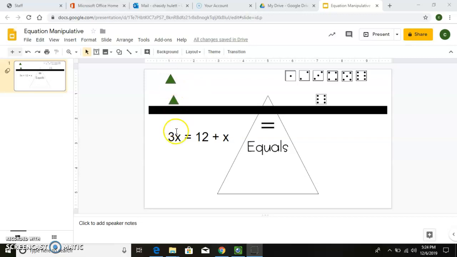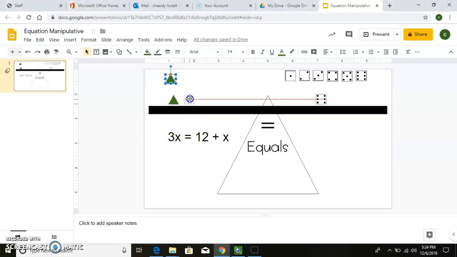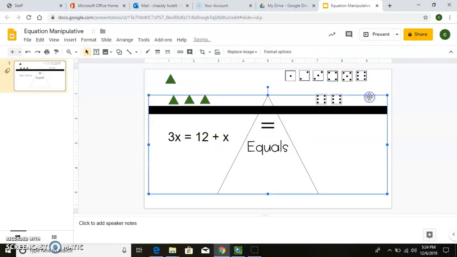So our first part of our equation says 3x. That means that we would have 3 variables on this side of our equation. And then you see our equal sign, which shows balance. And then we've got to put 12. So I'm going to put a 6 and another 6. And then we have a plus and another variable.